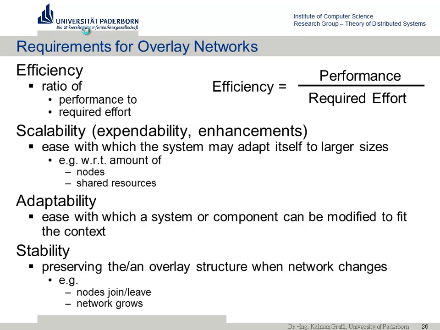Scalability is an issue: how many users do you support? Efficiency is important to measure: what's the ratio of performance to required effort? And stability: how do you keep the network alive even if 50% of the nodes go offline? Does it still work? How long does it take until it reaches a normal state again?